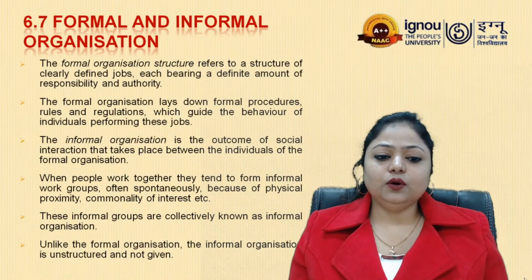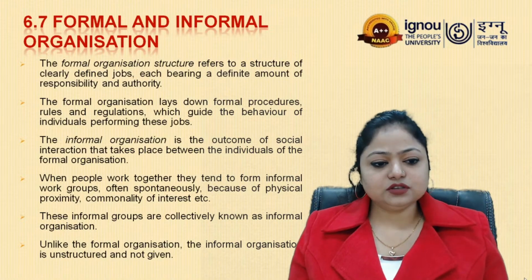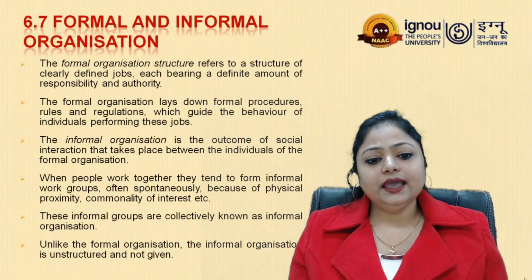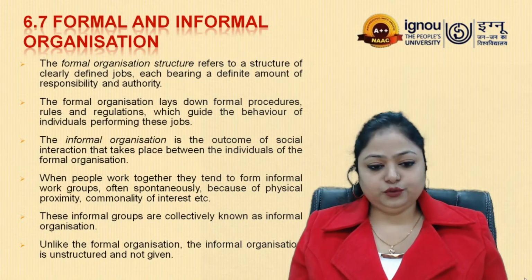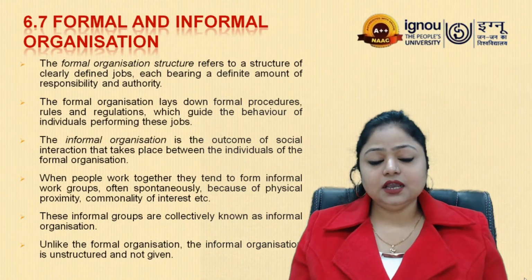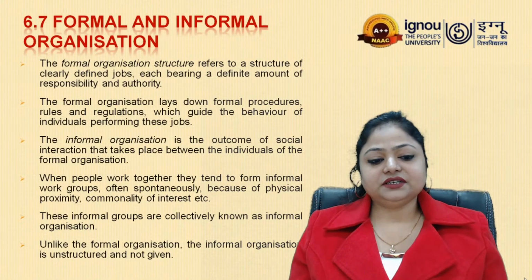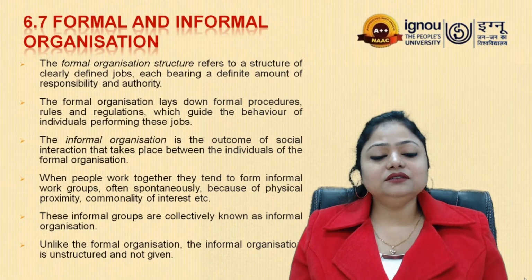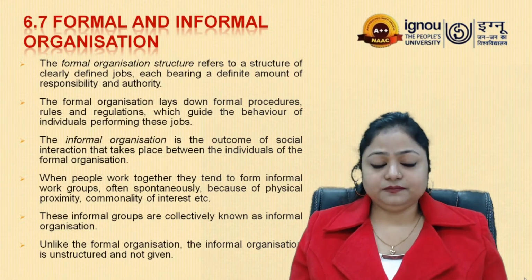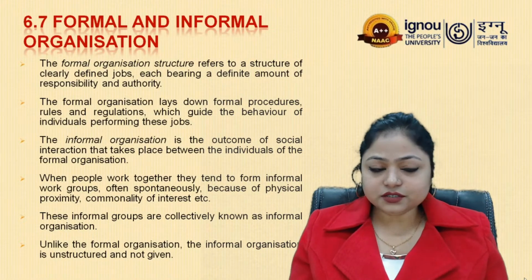This often happens because of physical proximity and commonality of interest, etc. These informal groups are collectively known as informal organization. So, unlike the formal organization, this type of organization exists throughout the organization, and it is unstructured and not given. It happens on its own.